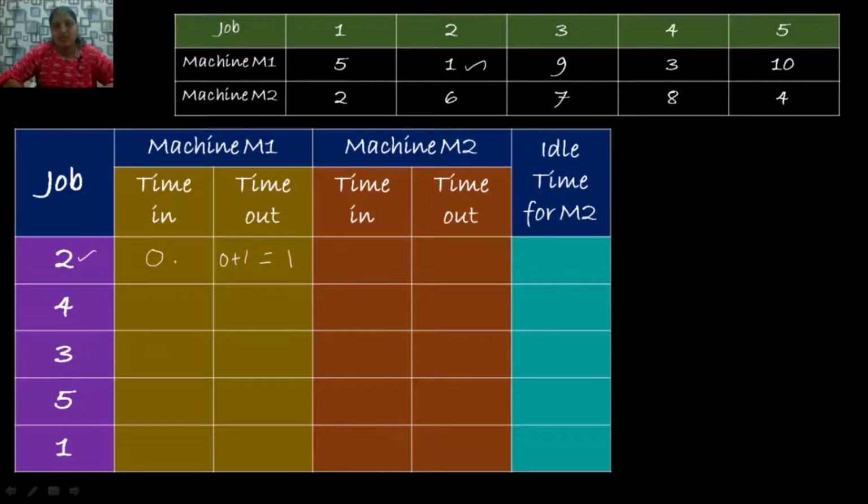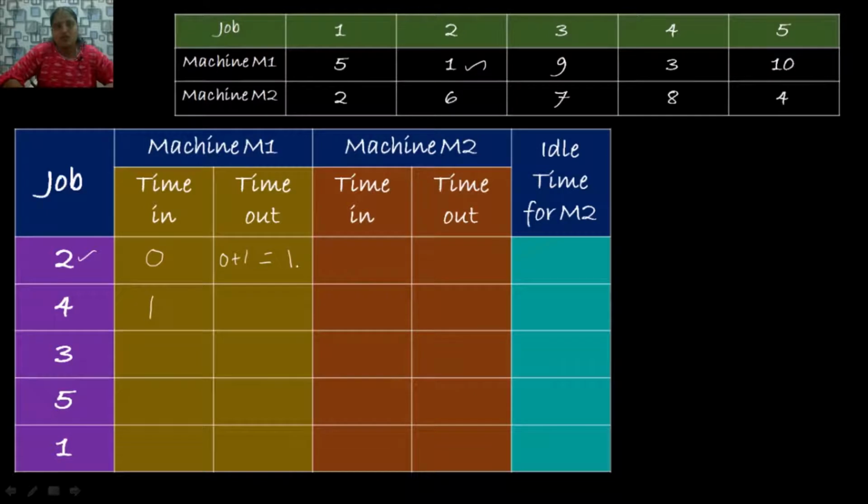So the time out of job 2 is the in time of job 4, because job 4 has to wait till job 2 completes its processing time on M1.